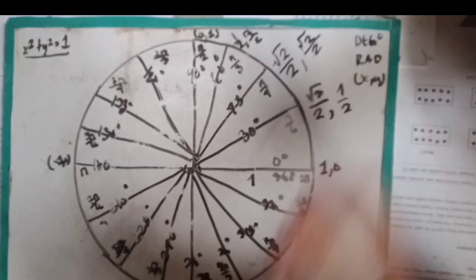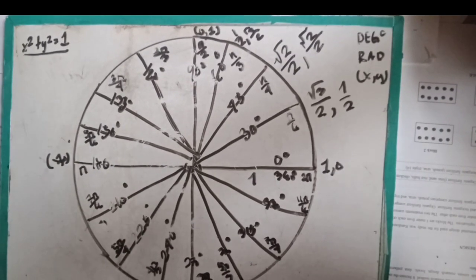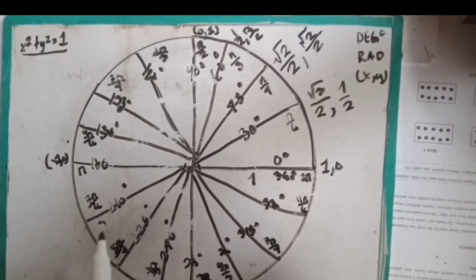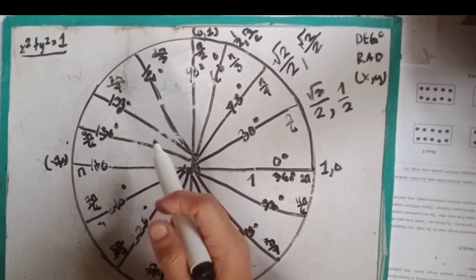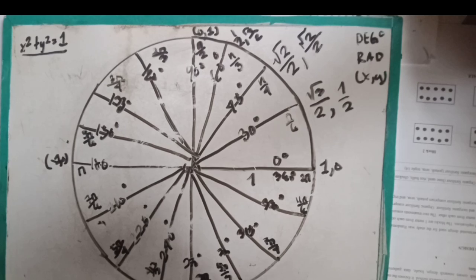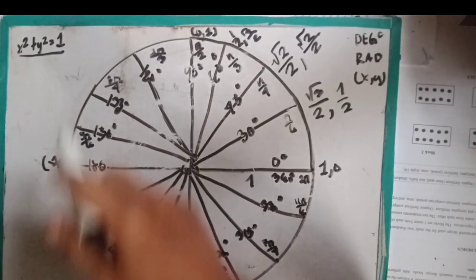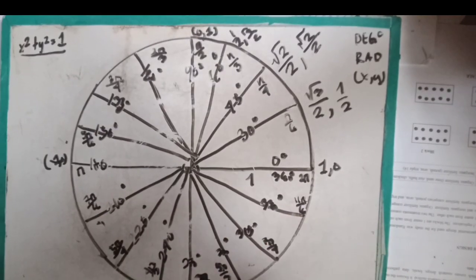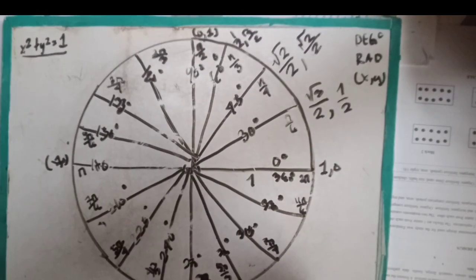So after having those values, we can now move to finding the values of x and y of quadrants 2, 3, and 4. So the thing is, we need to understand that the values right here, there, and there are only the reflection of the values in quadrant 1.